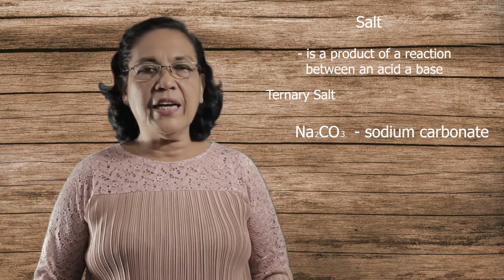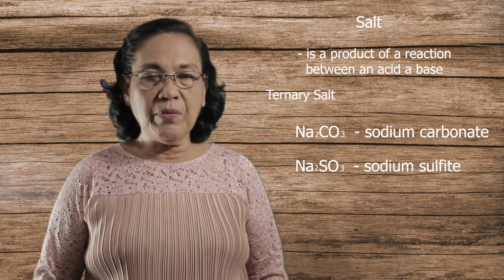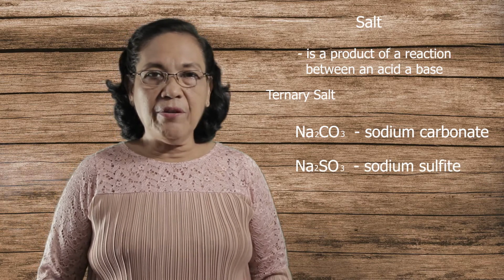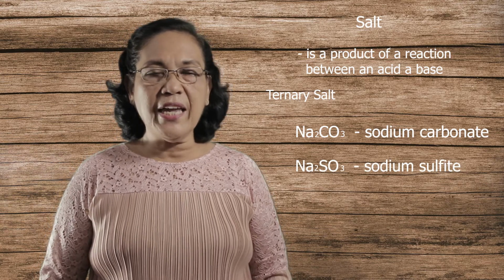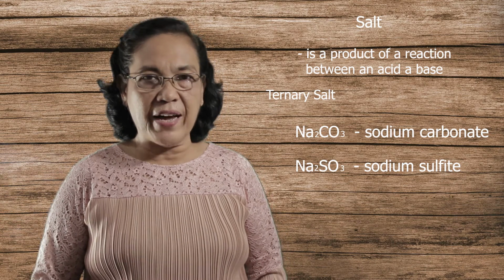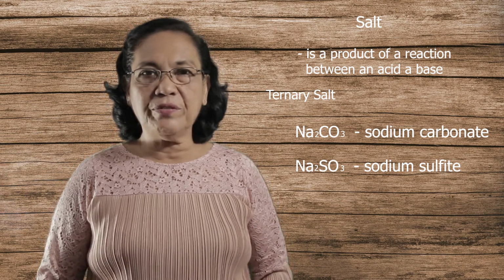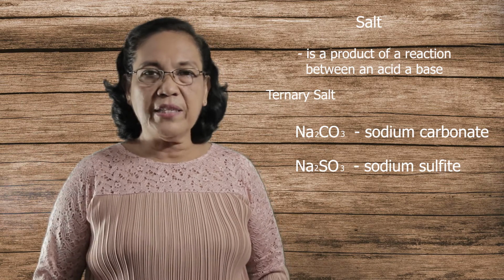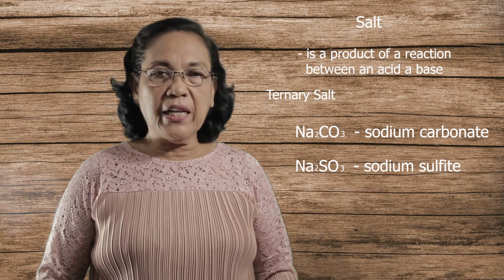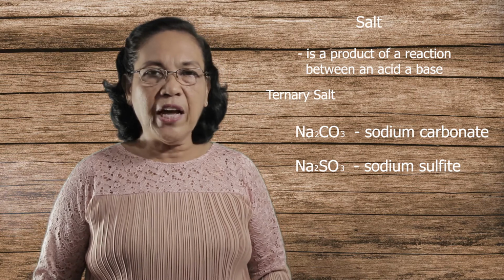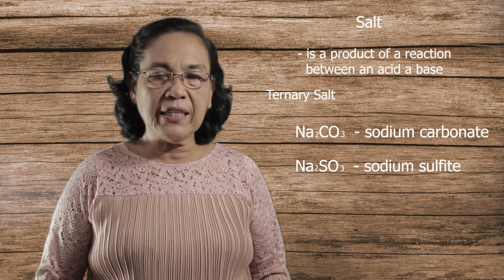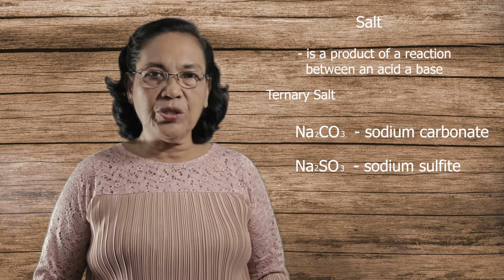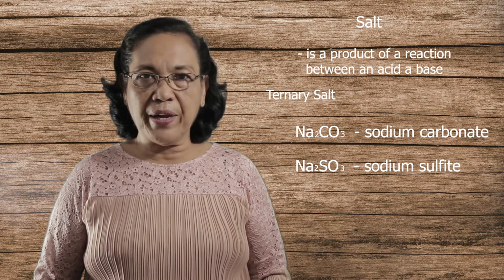In the case of sodium sulfite, the SO3 here, which is the sulfite, has a charge of -2. The sodium has a charge of +1. Therefore, the formula of sodium sulfite is Na2SO3.